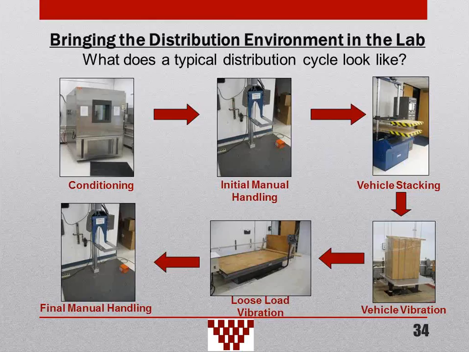For instance, your box might be on the bottom of the stack, or someone might find your box very convenient to step on to reach something, so you have some stacking there as well. That is followed by vehicle vibration and loose load vibration, which will be either truck, air, or both, and then final manual handling, which is the final leg before your package gets delivered to the final end user. And this is Herb to clean up and finish the presentation.